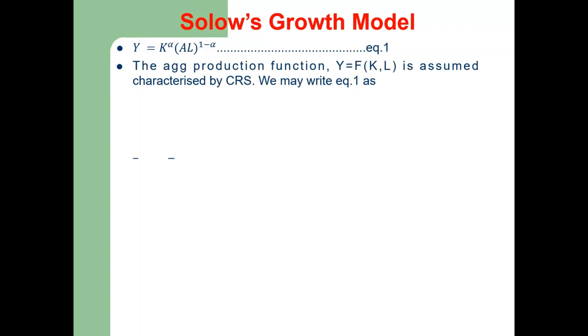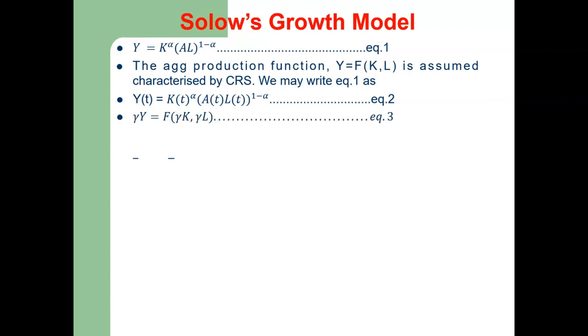The aggregate production function Y, a function of capital and labor, is assumed to be characterized by constant returns to scale, which we may write as equation 1. If there are constant returns to scale, then we may write equation 2, where Y_t = K_t (A_t L_t)^(1−α).